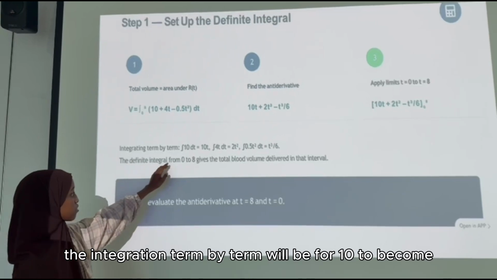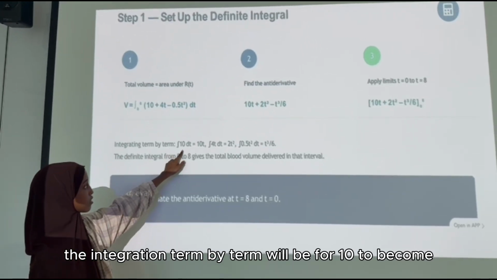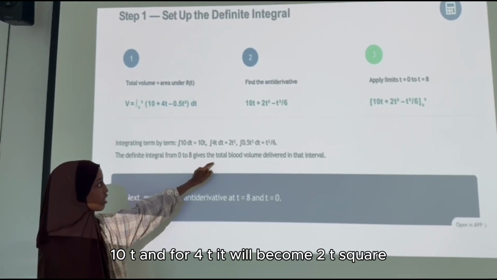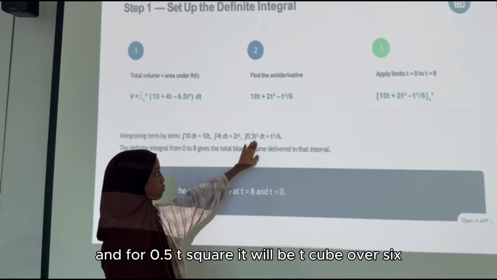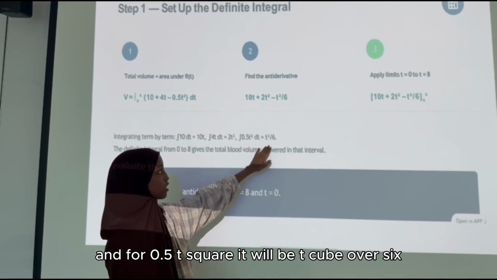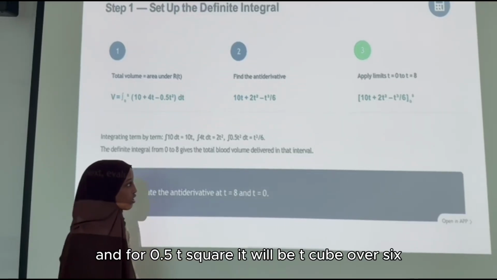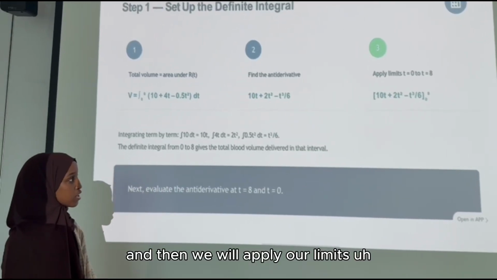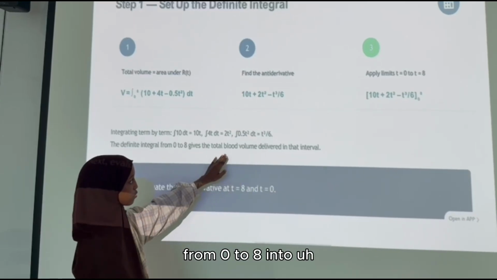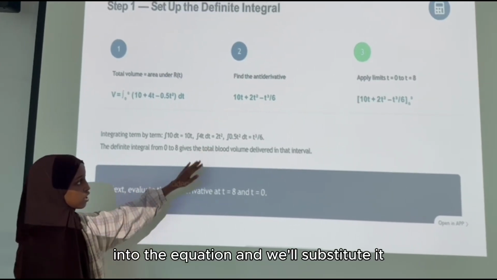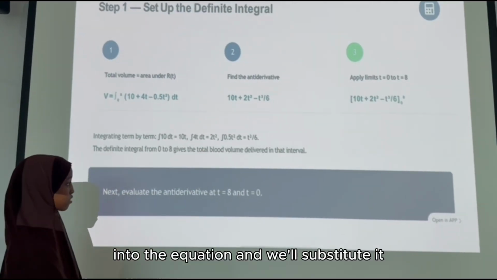Integrating term by term, 10 becomes 10t, 4t becomes 2t squared, and 0.5t squared becomes t cubed over 6. Then we apply our limits from 0 to 8.